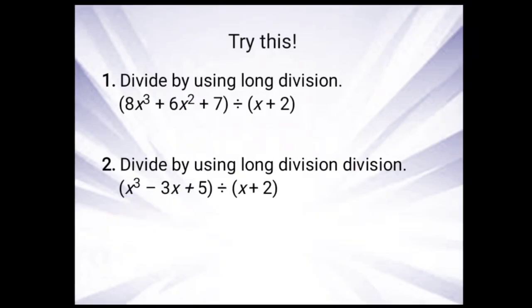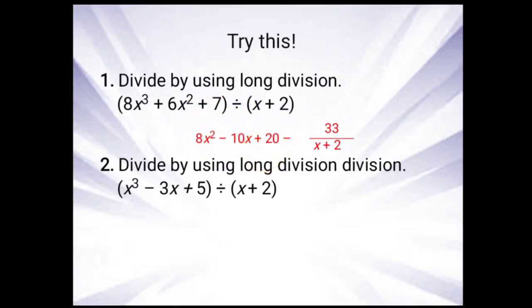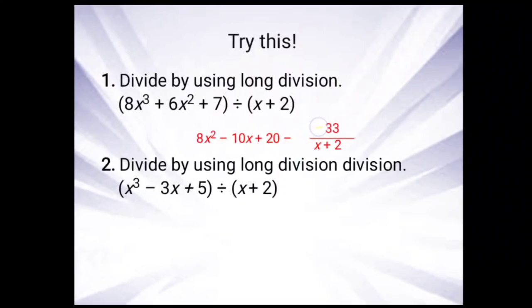Now I will reveal the correct answer. So the correct answer for number 1 is 8x squared minus 10x plus 20 minus 33 divided by x plus 2. Why minus? Because this is negative 33.